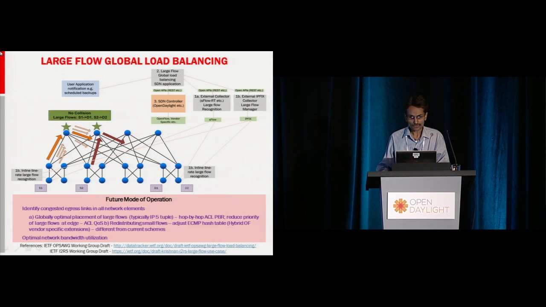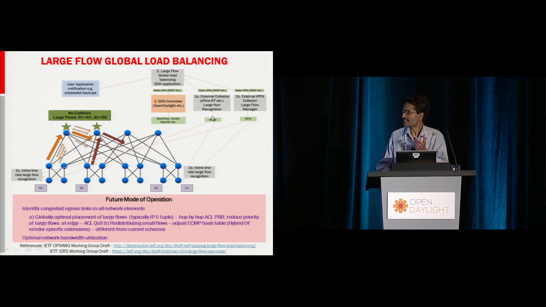So now what do we do? The solution is large flow global load balancing, right? Interestingly, this is very similar to the one we talked about, the LAG one, but now instead of doing a local bin packing, think of yourself as doing a global bin packing across multiple network nodes, right? To summarize again, the first step would be, suppose you take the sFlow approach, the sampling approach.